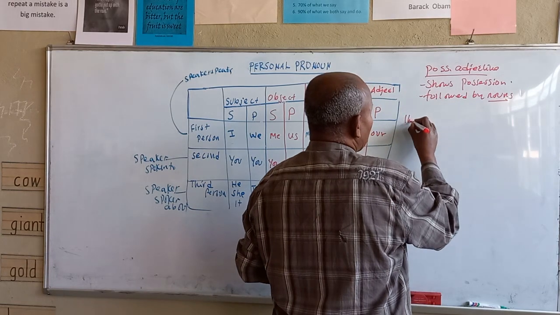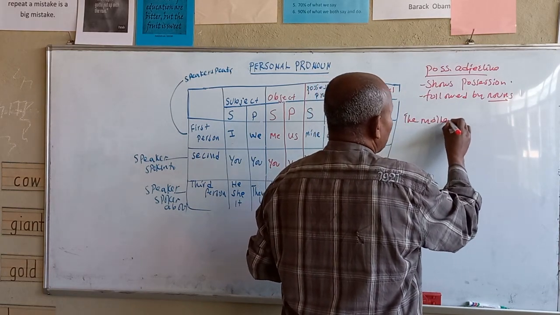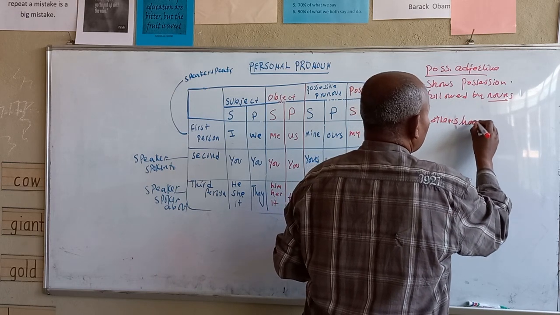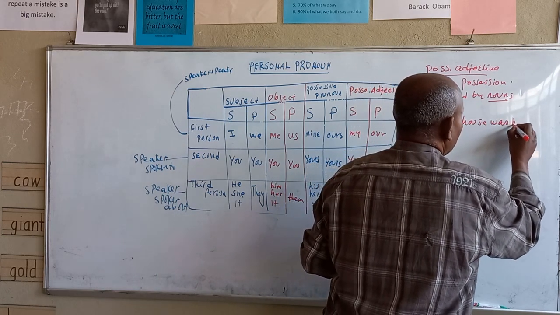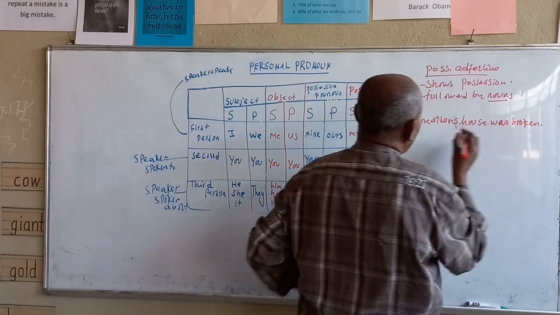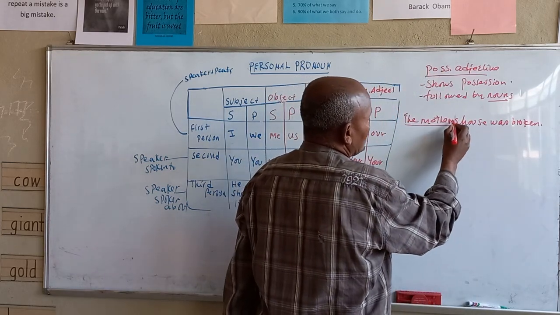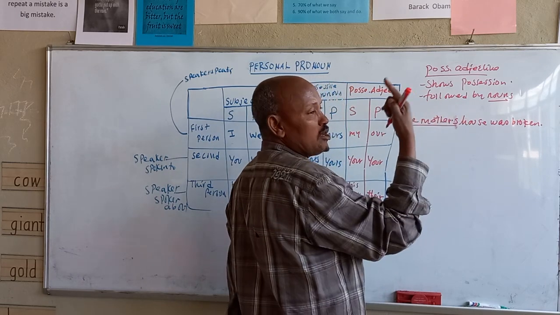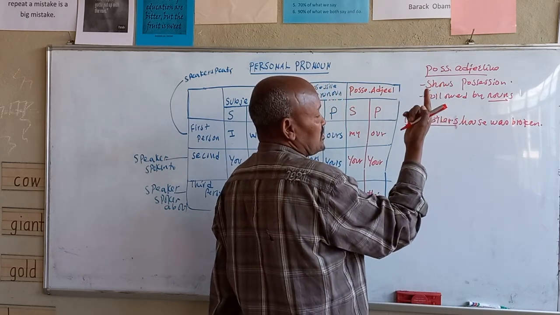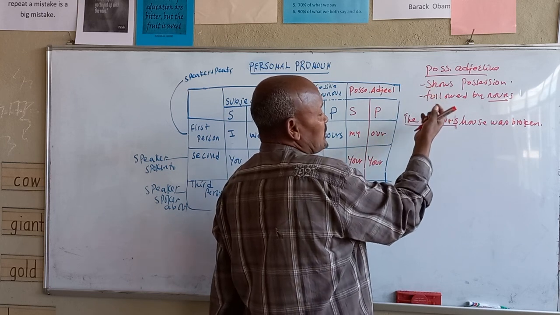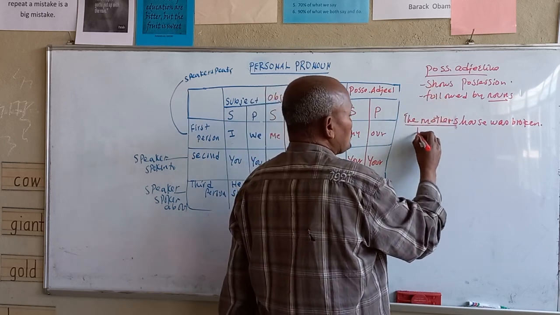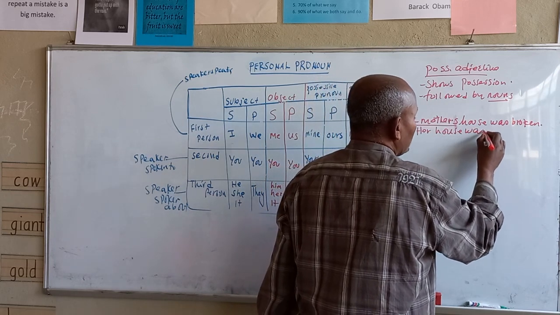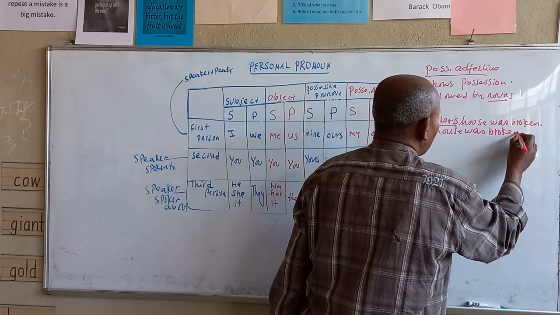So look here. The mother's house was broken. I'm talking about the mother's, apostrophe S, which shows singular possession, all right? Singular refers to a single person. So, her house was broken.